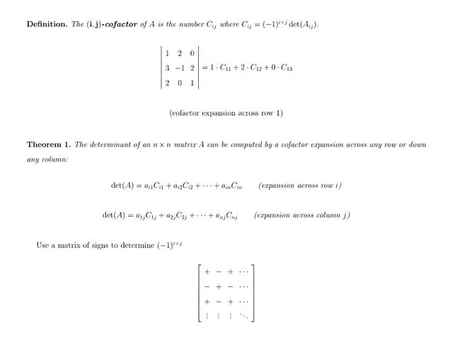Before we do that, let's look at something called the cofactor of A. So the ij cofactor of A is a number, Cij, and Cij is going to be -1 to the i plus j times the determinant of the minor matrix where I delete the ith row and the jth column.